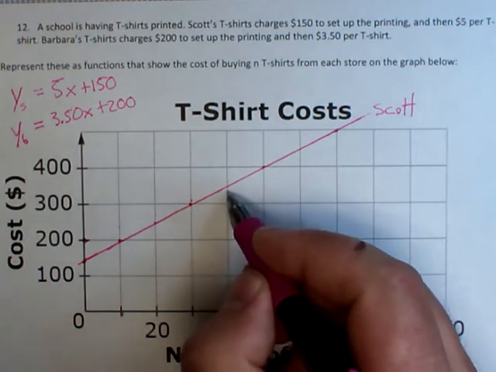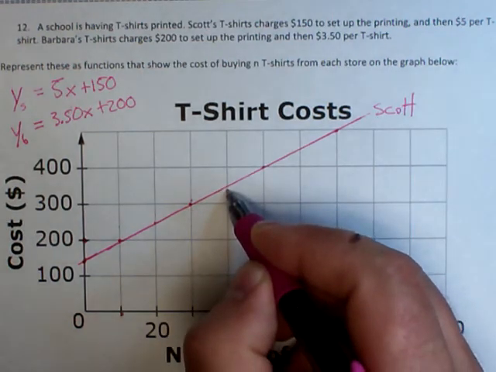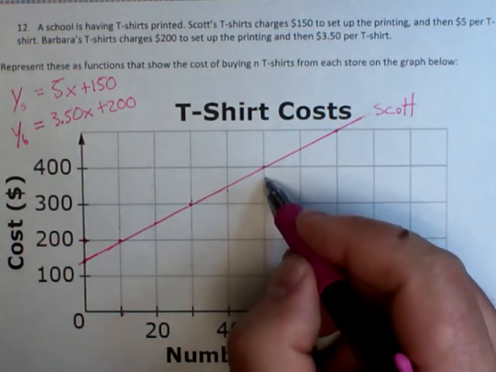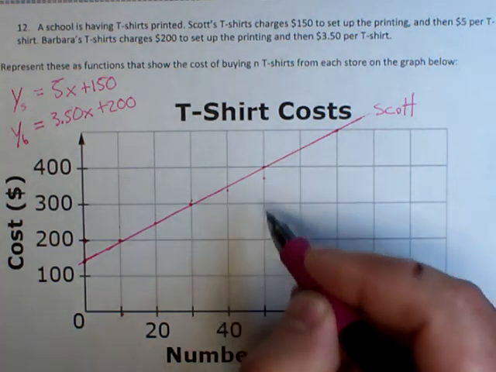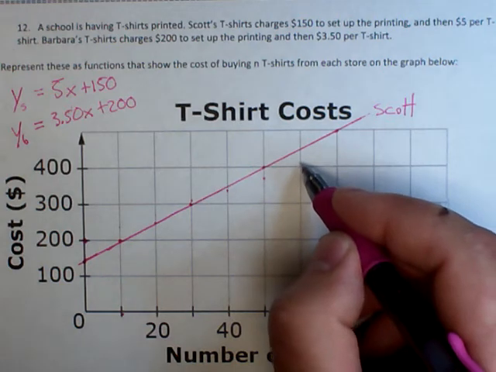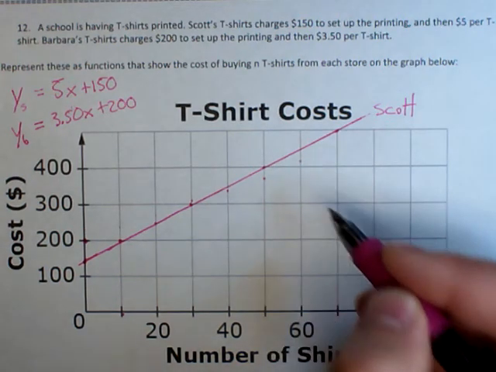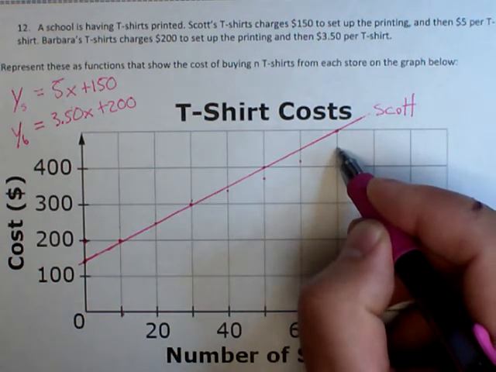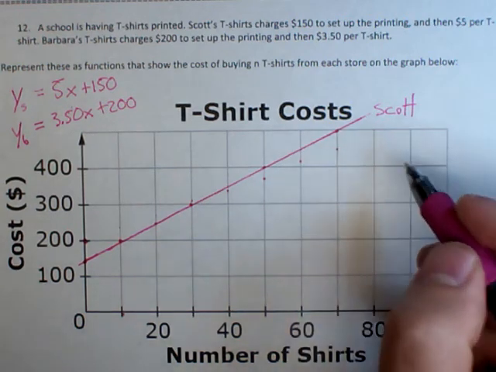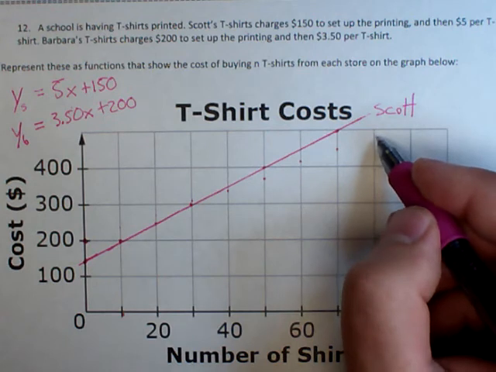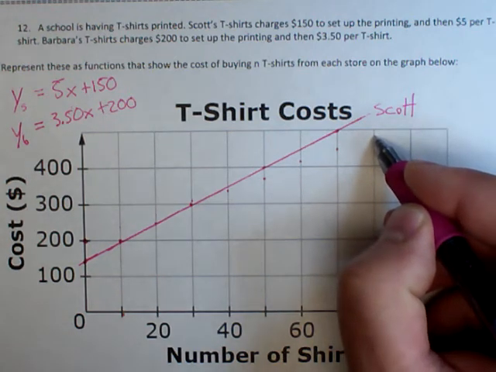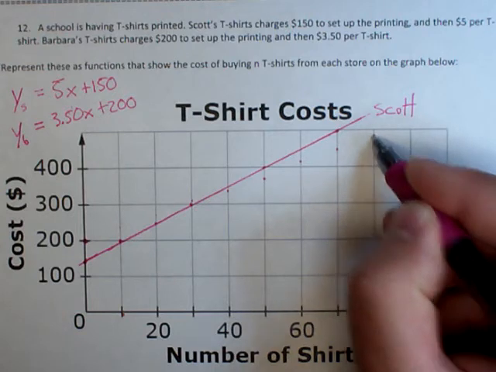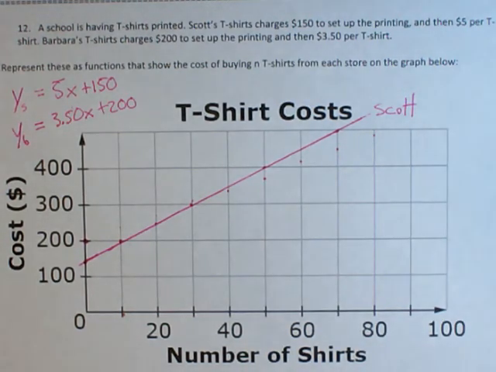Another $35 would be $340, $375, $410, $445. I'm estimating these. 445 plus 35 would be 480. Okay, so those are my estimates.